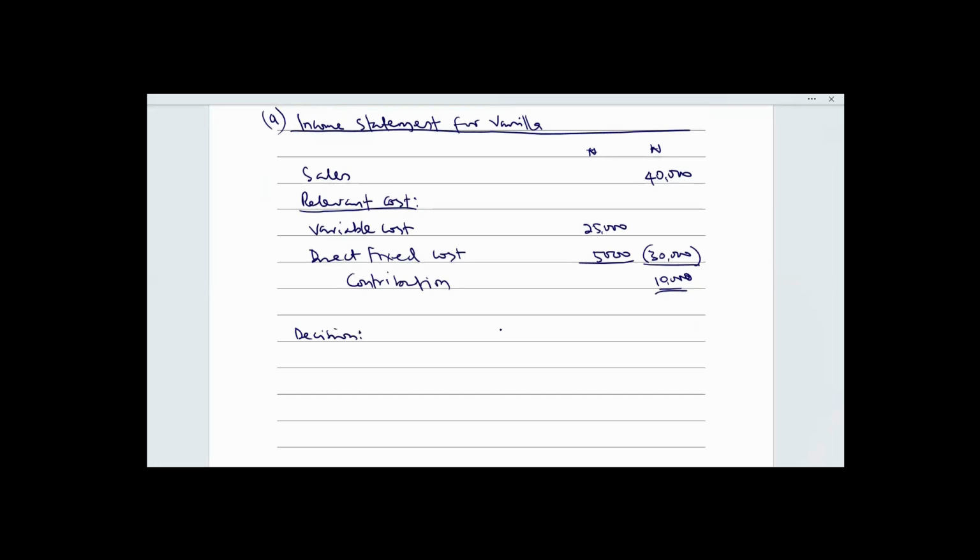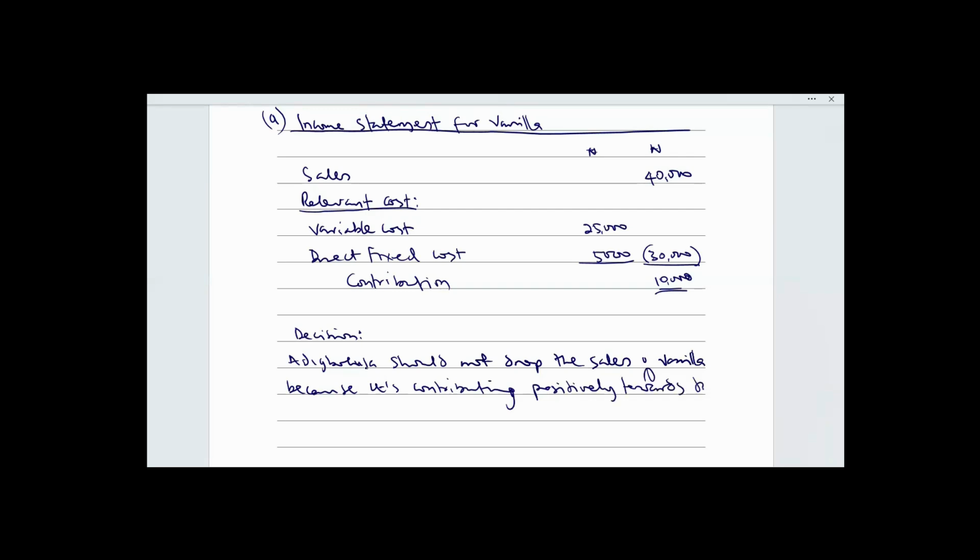My recommendation: the company should not drop the sale of vanilla because it is contributing positively towards the recovery of the company's general fixed overhead and net profits.